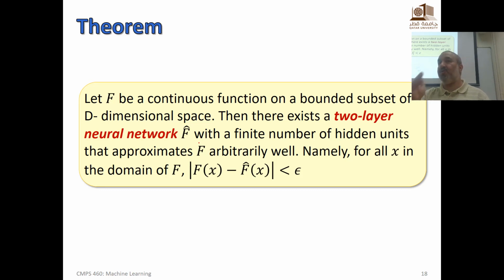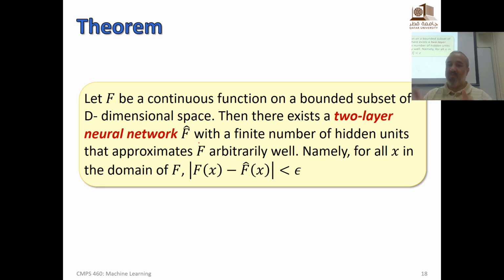So it is a very good approximation to f. More specifically, for all x in the domain, for all examples, the actual value and the predicted value from the network are within epsilon error. Epsilon, of course, is a very small value.